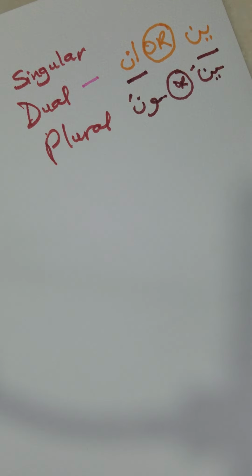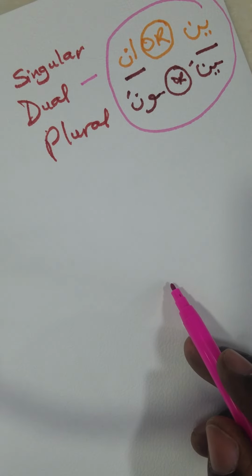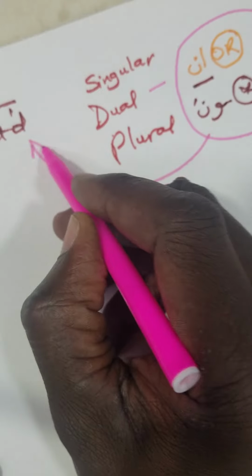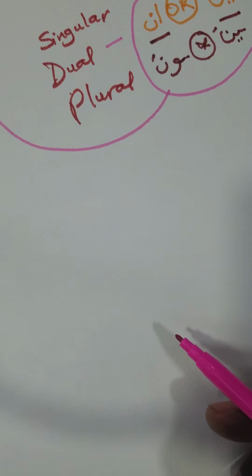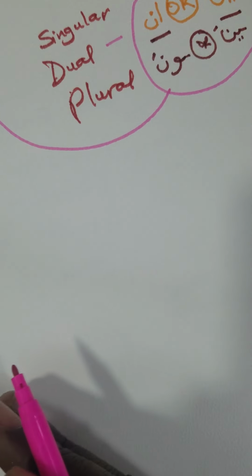Now, when you see this all, this is where I wanted to attract or to get your attention. This drives us to the Iraab. You remember we talked about the cases. How will it appear in case 1? How will it appear in case 2? How will it appear in case 3?